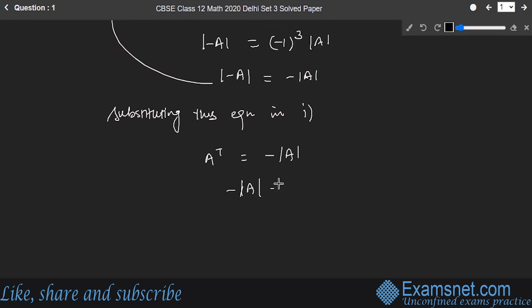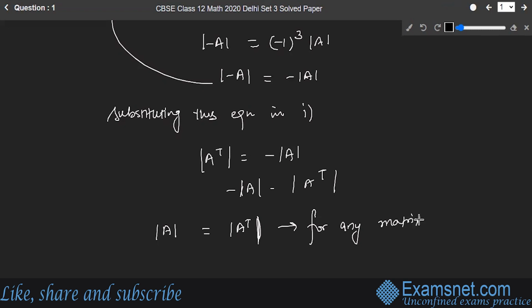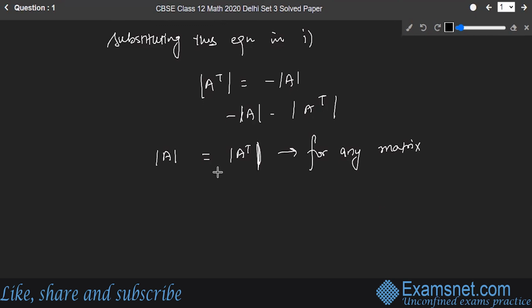Now we know for any matrix, determinant of A is equal to determinant of A transpose. So replacing this in this equation, let's say this is equation 2.